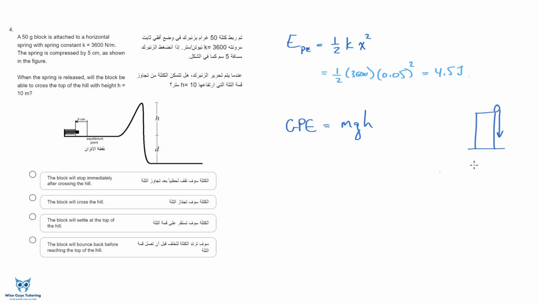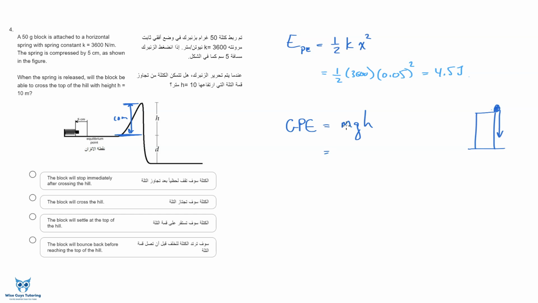In fact, remember when we talked about work done, I had to do some work to get this ball up here, right? Imagine this is a very heavy ball and I had to do some work to lift it up. Work done is energy transferred. When you do work to lift this object up, it now contains energy, gravitational potential energy. In our case here, let's see how much gravitational potential energy it would be to go from this position over here to 10 meters higher, as the question says.